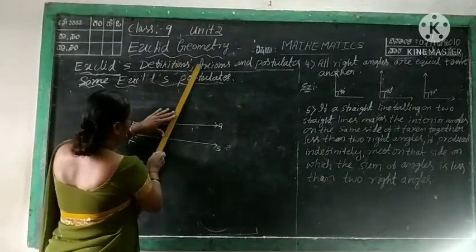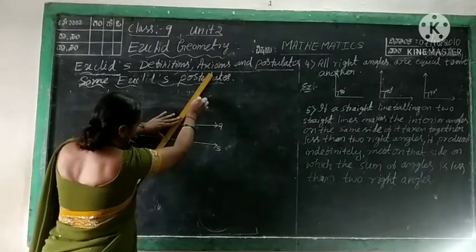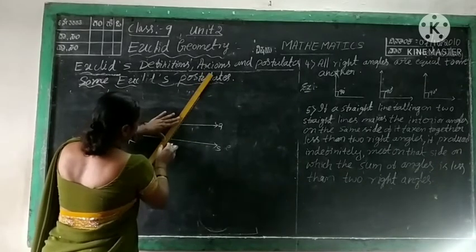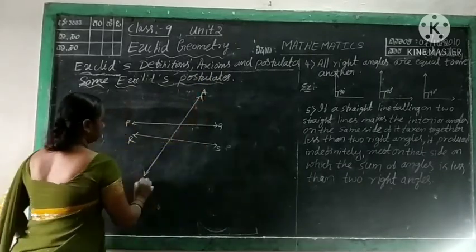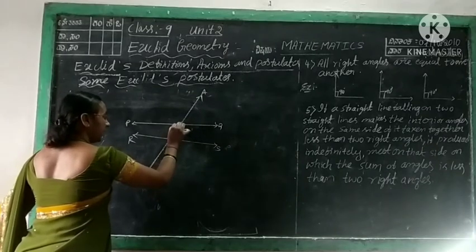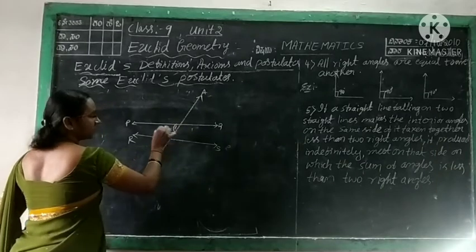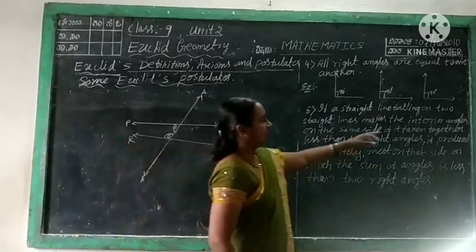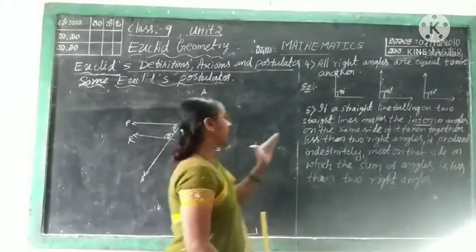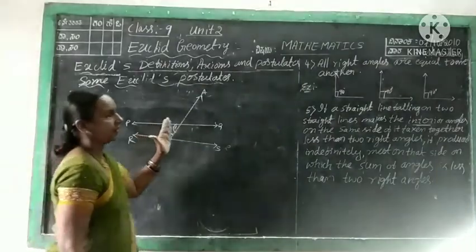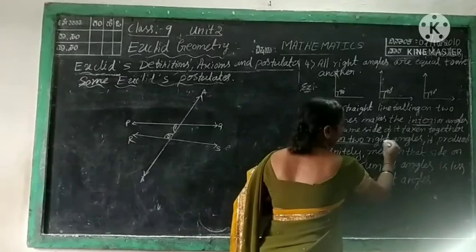If a straight line AB is falling on the two straight lines, the interior angles on the same side, if we take them together, are less than two right angles.